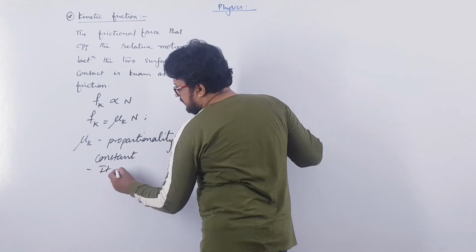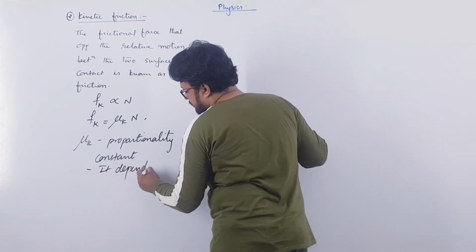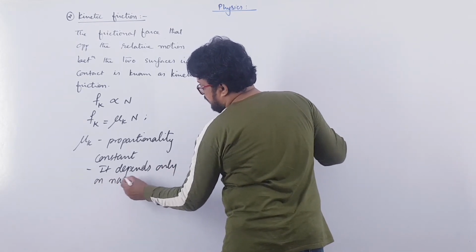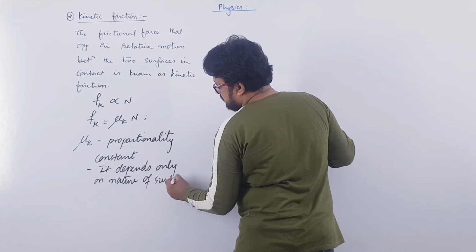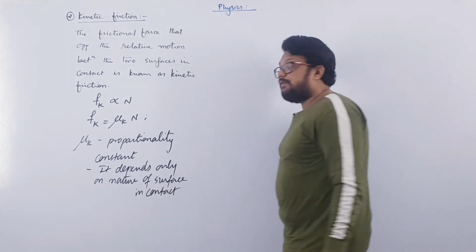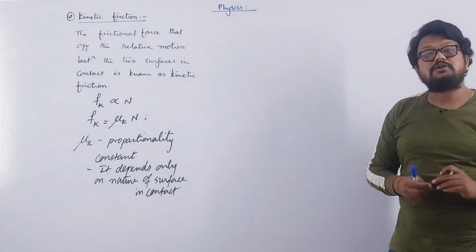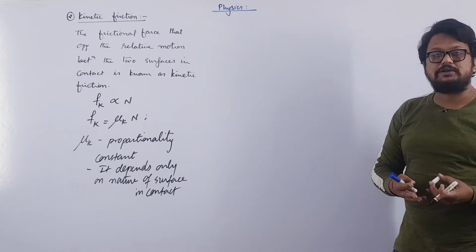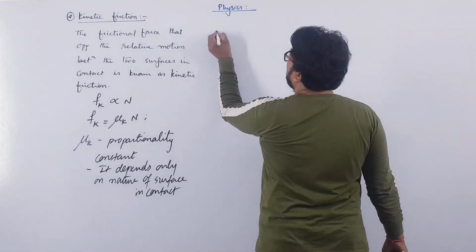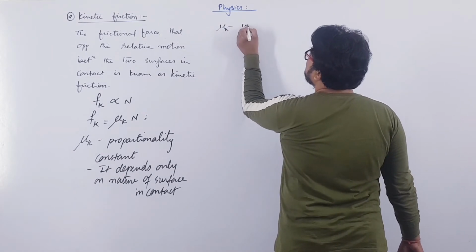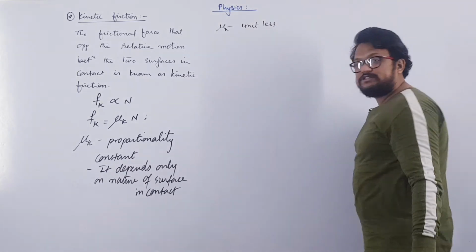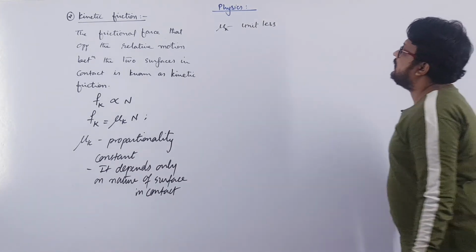Mu K is the proportionality constant. It depends only on the nature of surface in contact. It will depend only on the nature of the surface which is in contact, between the two bodies, right? Then again mu K is unitless. It has no dimension because it is the ratio of the same physical quantity, that is force.